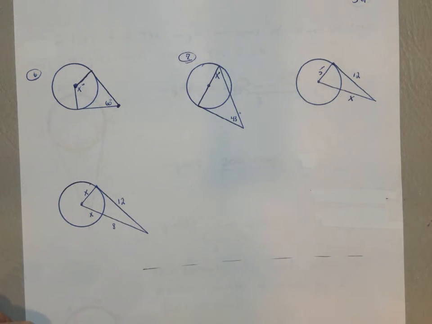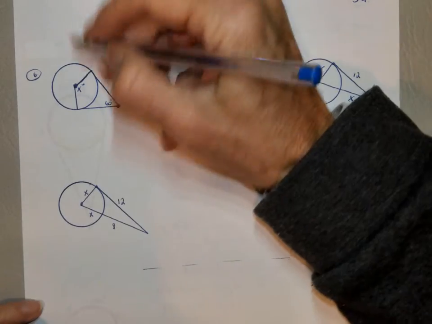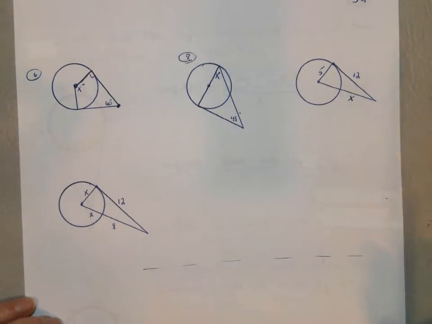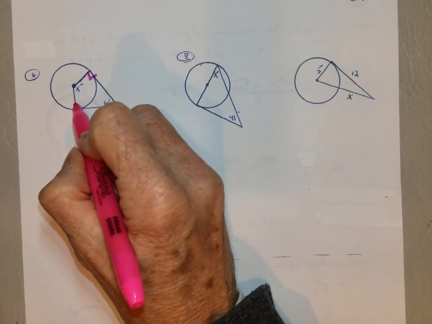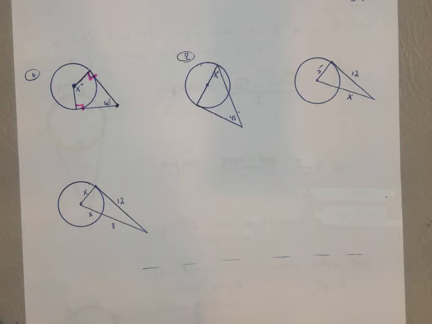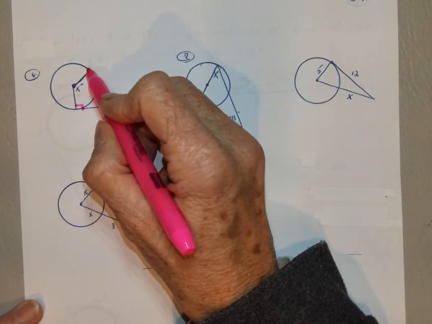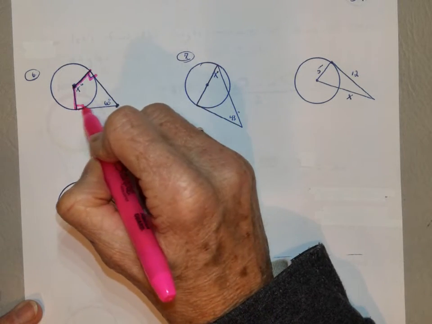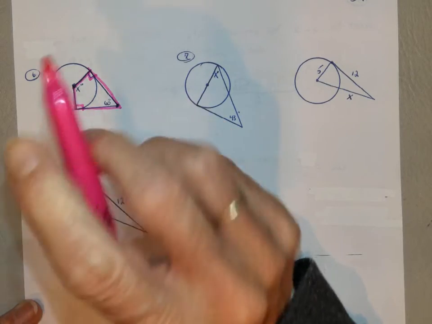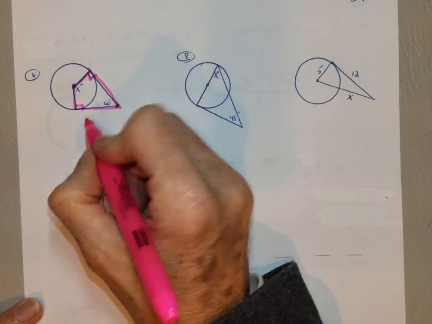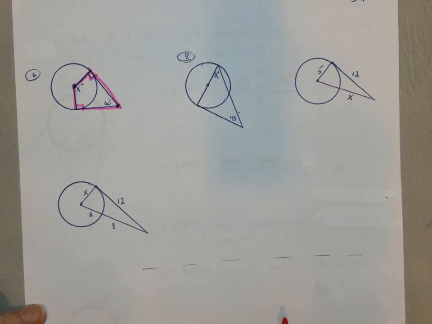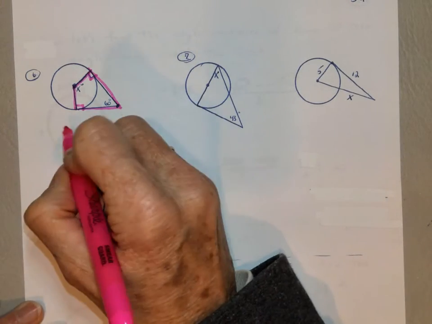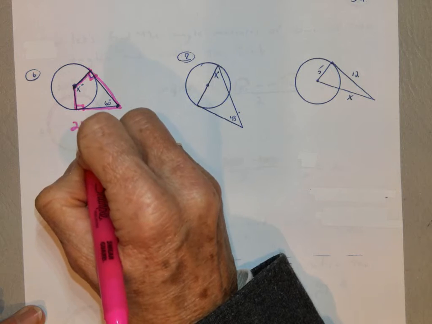All right, now, we know that this is 90 degrees because the radius goes to the point of tangency. So this is a 90-degree angle. We also know that this is a 90-degree angle, okay? This is a quadrilateral. It's 4 sides. So this is one way of doing it. There are other ways. So we can add our 90 plus our 90 plus our 60, 180, and another 60 is 240 degrees.